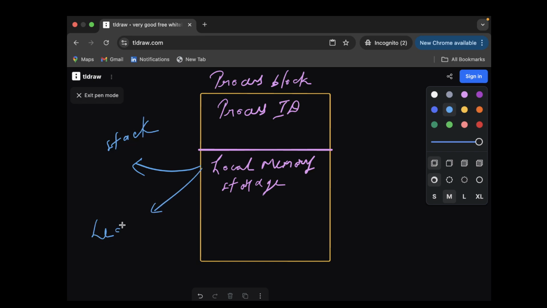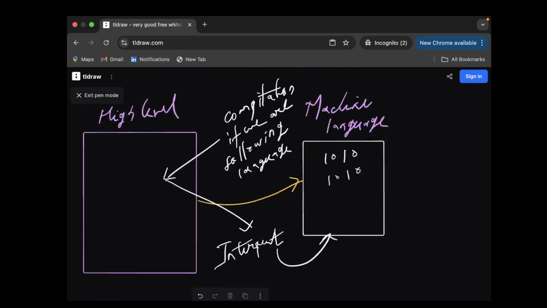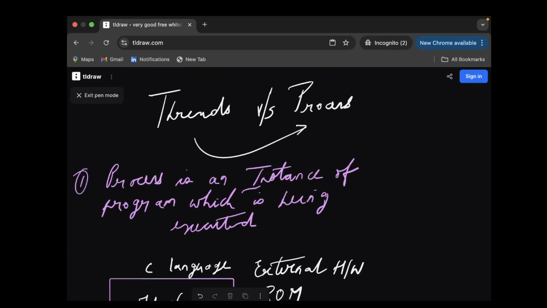After converting, this is the final stage, when we have the 1s and 0s and we want to give it CPU time. Then we need to generate this process control block, which is nothing but called PCB, my process control block.